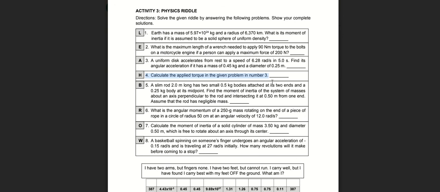Sa fourth worded problem, pinapahanap sa atin is yung applied torque daw nung sa problem number 3. Para mahanap natin yun, identify natin yung mass. Kanina given yung mass, ito hindi natin ginamit, which is 0.45 kilograms, tapos meron siyang diameter na 0.25.